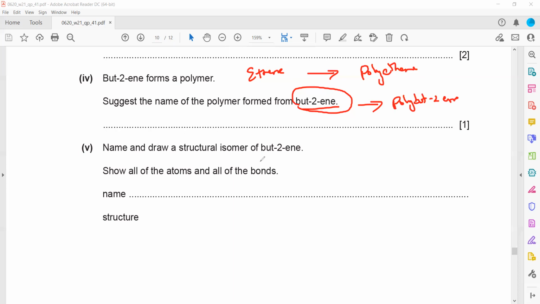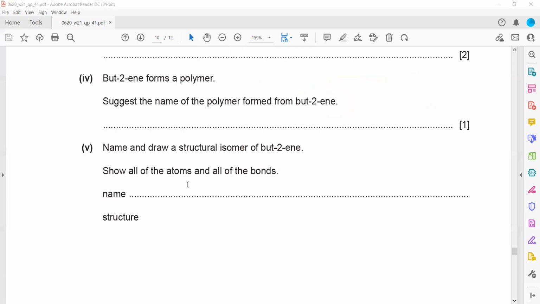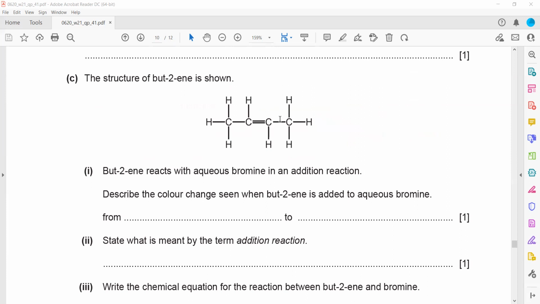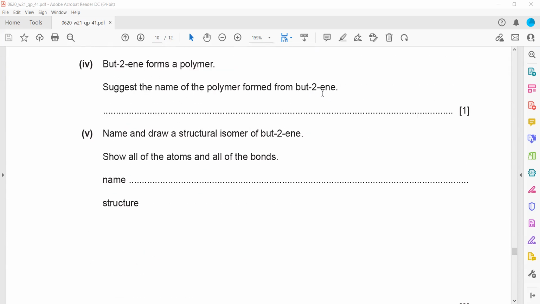Then name and draw a structural isomer of butene. So we have to show all the bonds. Here butene is given and we have to draw an isomer. To draw an isomer of alkene, you can just change the position of the double bond.